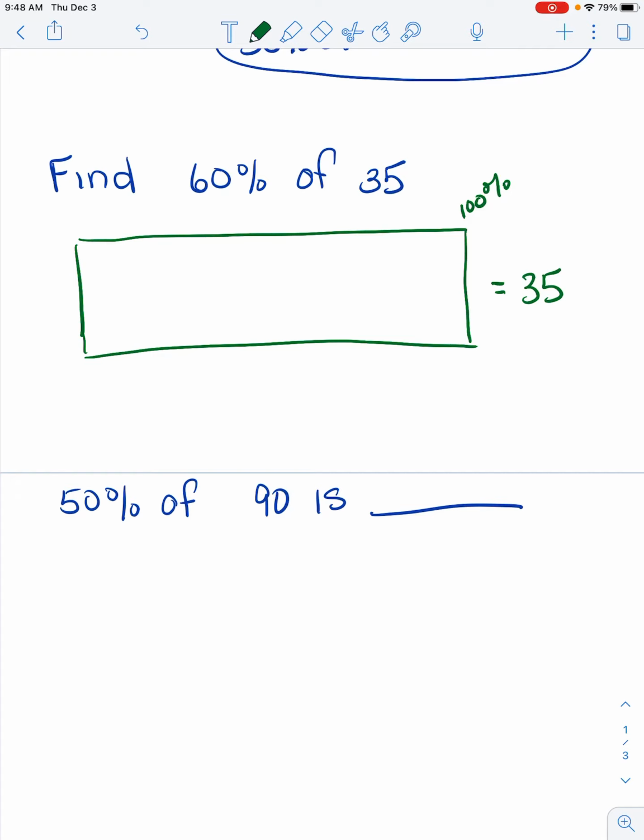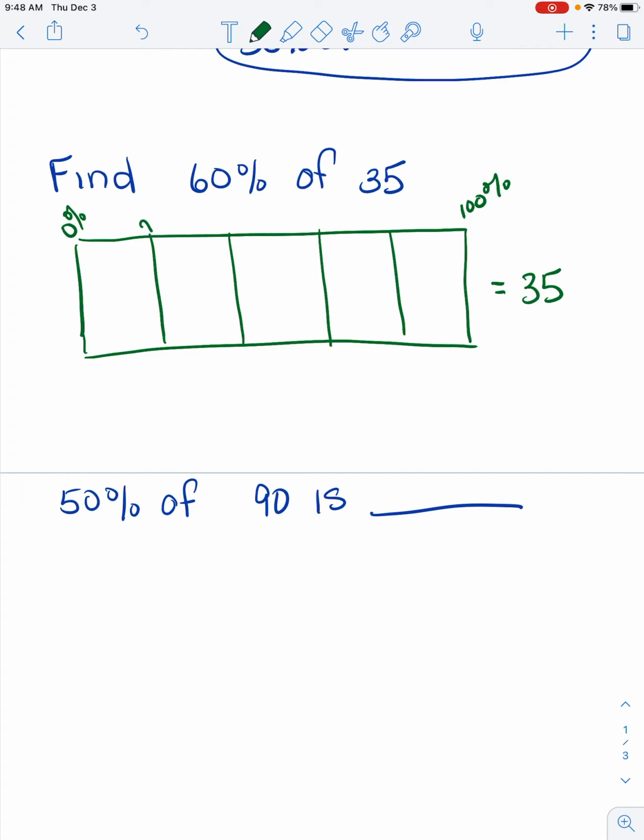I could divide my bar into 10% pieces, but because I'm looking for 60%, in this case, I can divide my bar into 5 pieces, each of which would represent 20%, because 5 times 20% is going to equal 100.